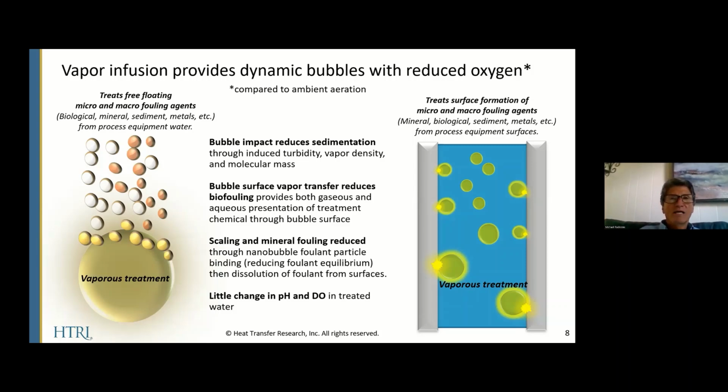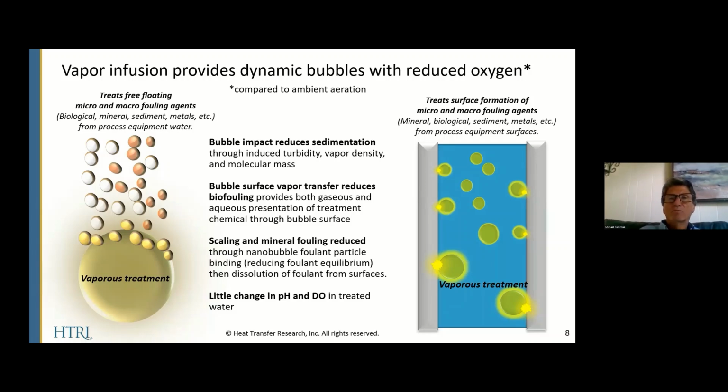The other thing is that we don't affect the pH of the water flow itself. And as I mentioned, the chemical treatment remains preserved within the bubble itself. And because these bubbles are excessively small, they undergo that Brownian motion rather dramatically and will have the capacity to penetrate into fouling surfaces and cause them to be disrupted.